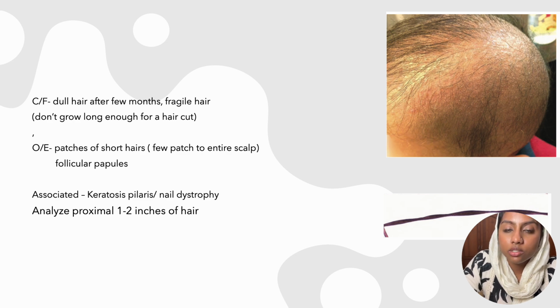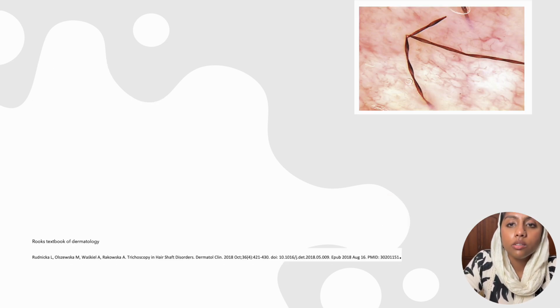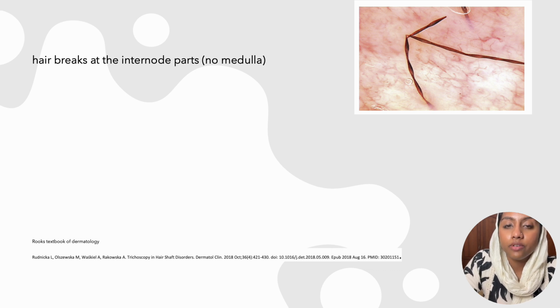The name is derived from the Greek word for necklace, because of the beaded appearance of the hair shaft. This is another trichoscopic image of monilethrix hair. The hair is very thin in the internodal area because there is no medulla, and the hair easily breaks at this site.